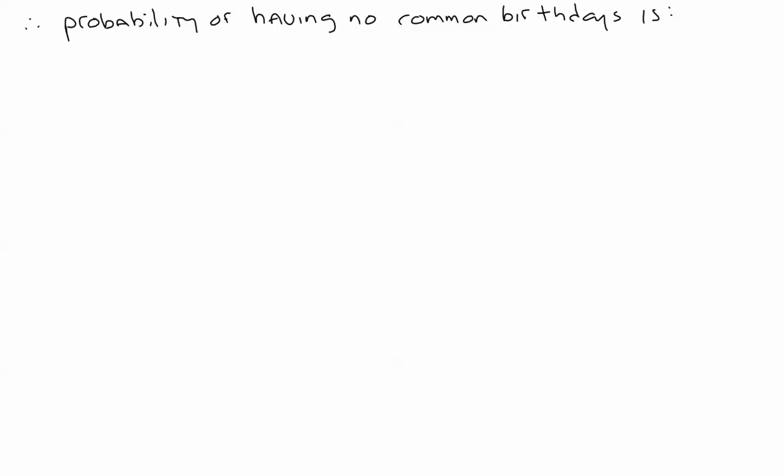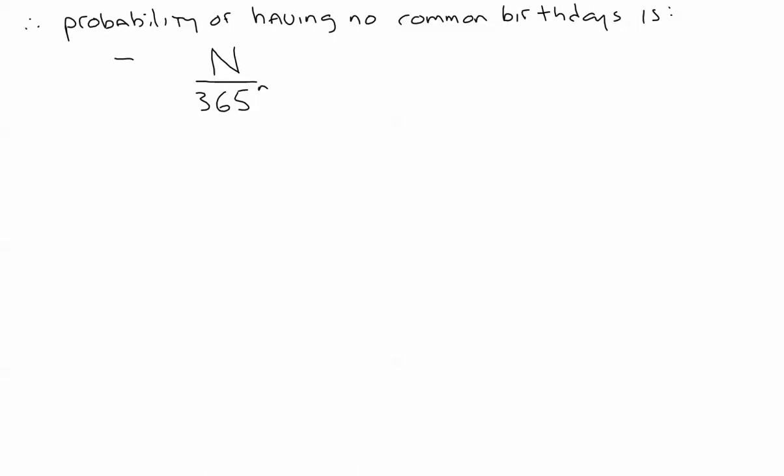All right. So the probability of having no common birthdays is capital N divided by 365 raised to the little n power.